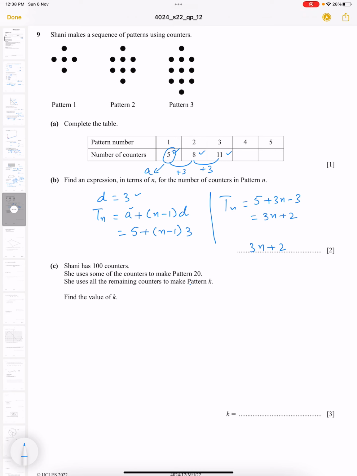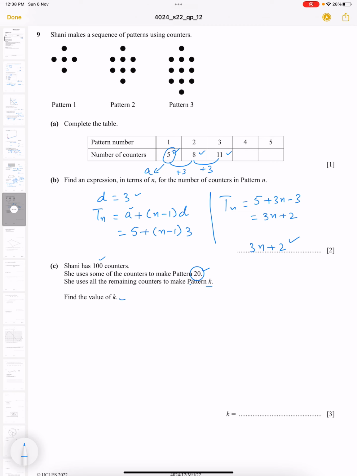Now the C part. Shani has 100 counters. She uses some of the counters to make pattern number 20. She uses all the remaining counters to make pattern k. Find the value of k. So she initially has 100 counters and she used some of them to make pattern number 20. Let's first find out how many counters will be used in pattern number 20.